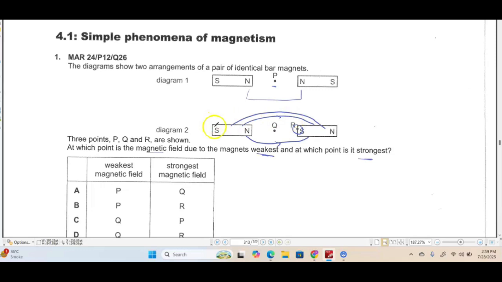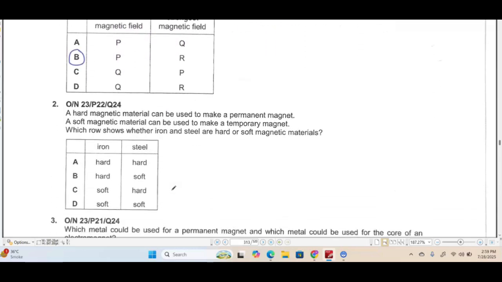Towards the side it's stronger. So at R there is going to be the strongest magnetic field, and P is the point where it is going to be the weakest. So the correct option states that the weakest magnetic field is at P and the strongest is at Q.